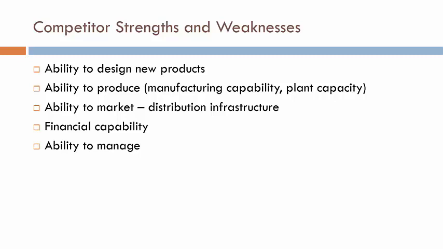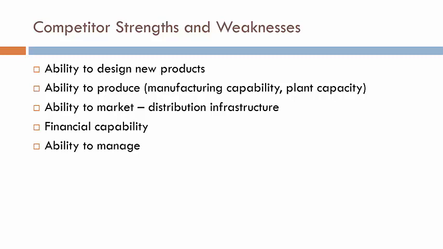Similarly, a firm that is operating close to full capacity may not be able to expand its capacity and produce more units unless it has a lot of financial resources. So these constraints or lack thereof will impact a competitor's ability to react to changes in the marketplace.